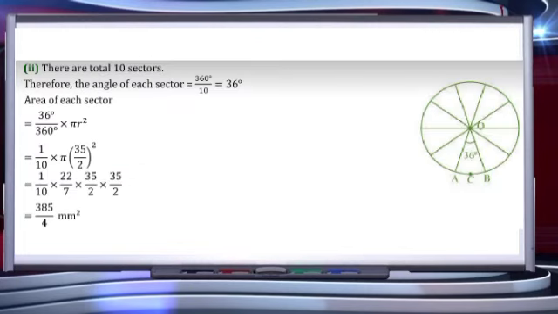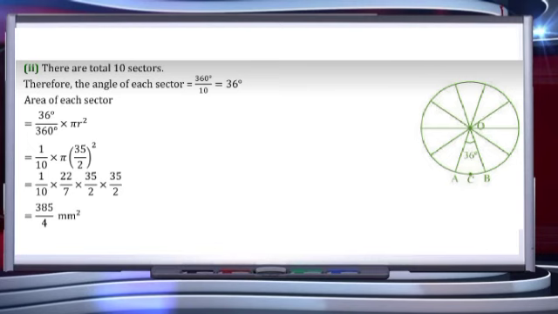Next is the area of each sector. Students, as you can see, the total sectors made by these 5 diameters are 10. So each sector will make an angle of 360 by 10, that is 36 degree at the center. Next we apply the area of a sector with theta as 36 degree and r as 35 by 2.